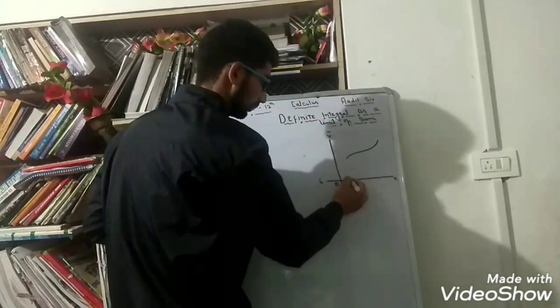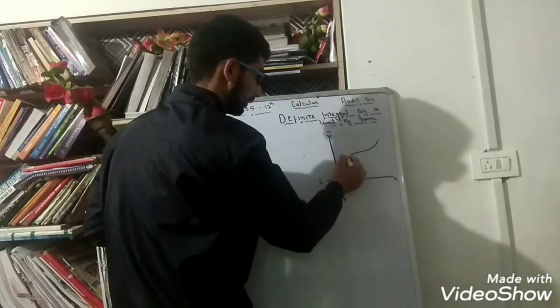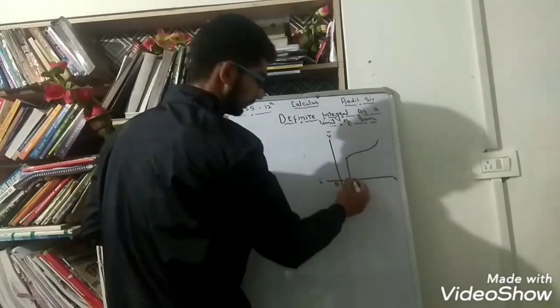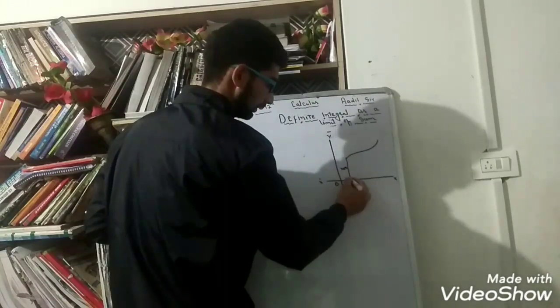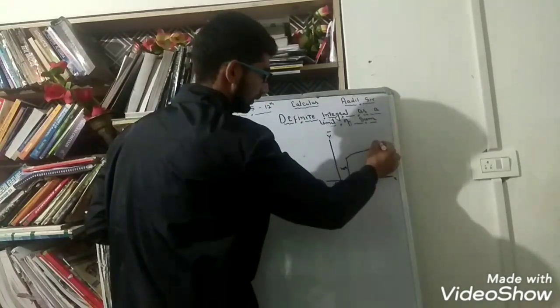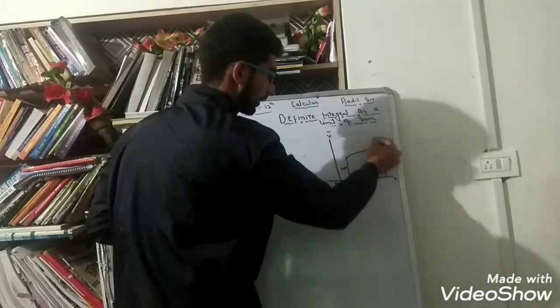Take this point as x equal to A, and this one you take as x equal to B.